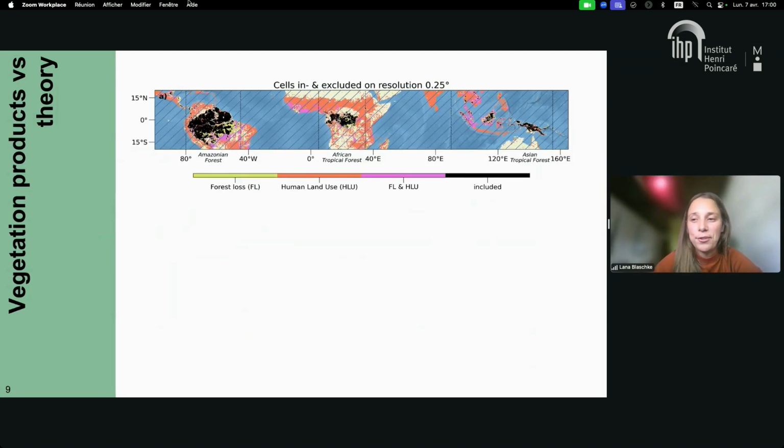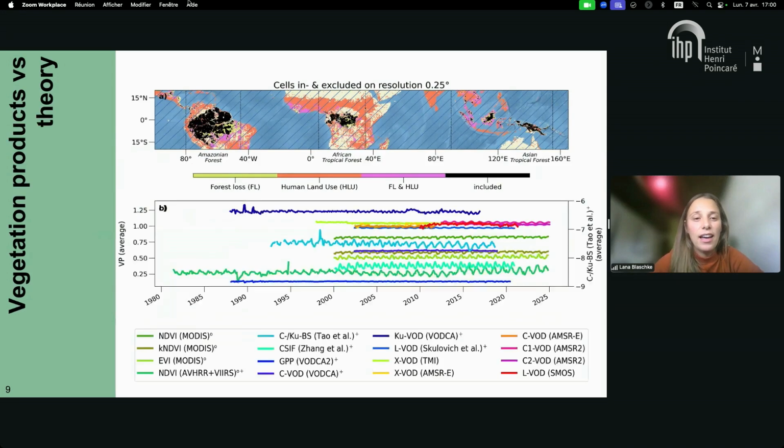We try to exclude human land use here, because we want to understand the resilience change in the natural or original forest. And we will compare a lot of different vegetation products from different sensors. That's just an example so that you can see merged average time series of 16 different vegetation products that we will look at.